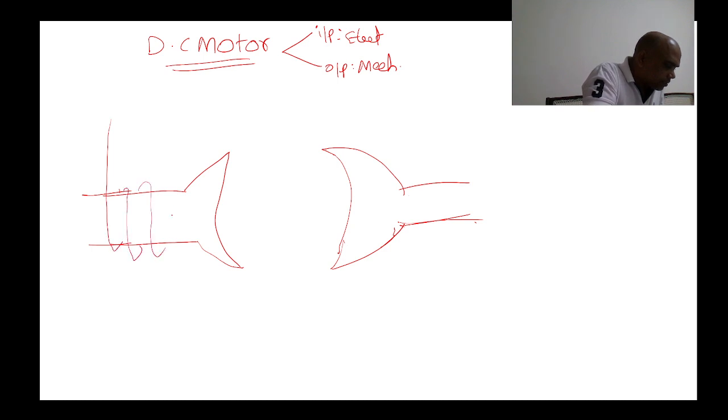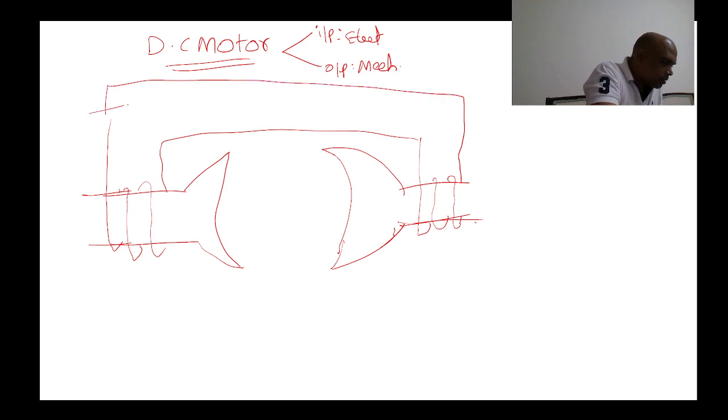So let us give DC supply. If you give DC supply to the coil, what happens? A constant magnetic field is developed. So here also the same, a constant magnetic field is developed.